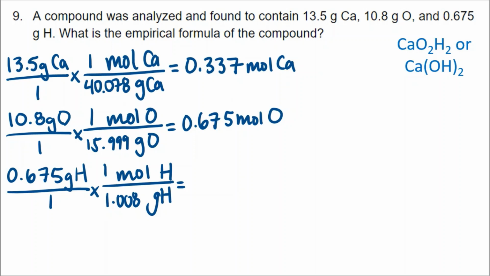And we can go ahead and do hydrogen here, which is going to give me 0.669 moles of hydrogen. So now I want to divide all of these by my smallest number here.